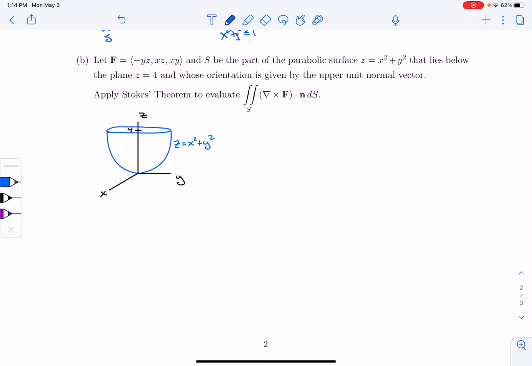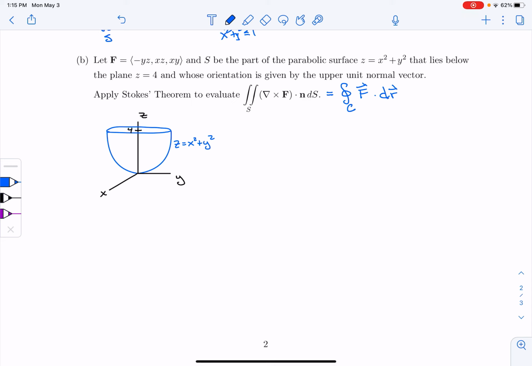So here, my surface S is that part of the paraboloid. And what I want to do is evaluate this surface integral by instead considering the line integral of f dot dr.